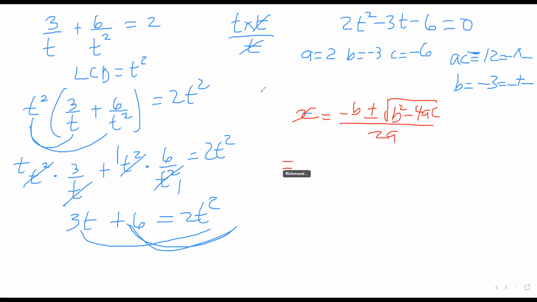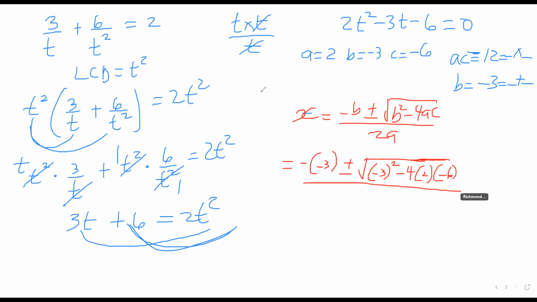This would give me negative b, so negative 3, plus or minus square root of b squared, which is negative 3 squared, which is 9, minus 4 times a, which is 2, times c, which is negative 6, all over 2 times 2.